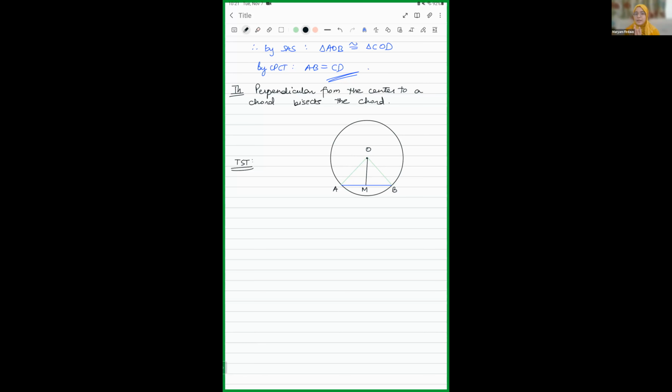Let me tell you how this theorem came into being. How can we interpret this theorem? You have a chord, and the question arises: what will happen if you draw a perpendicular on this chord from the center of the circle?